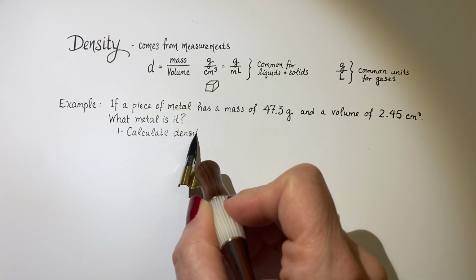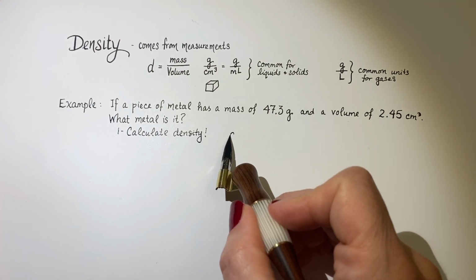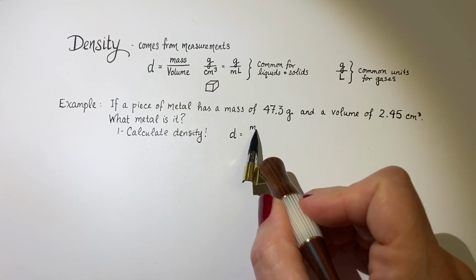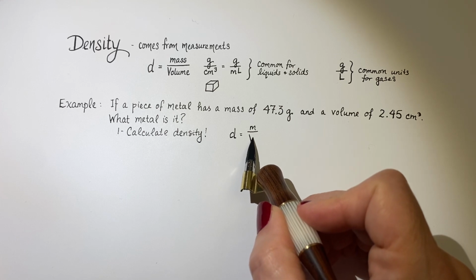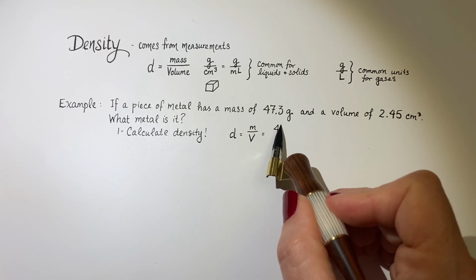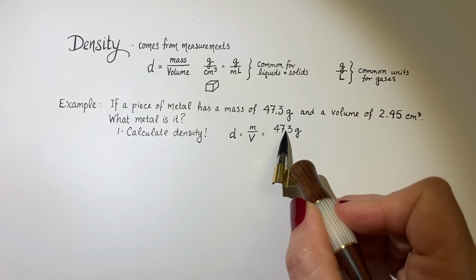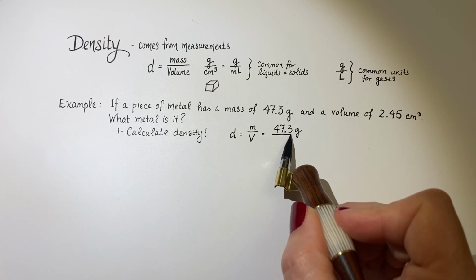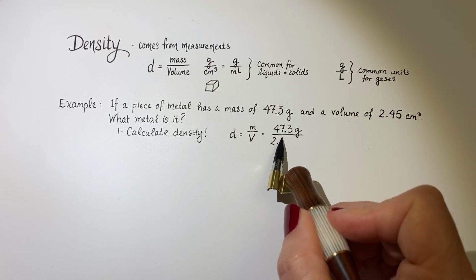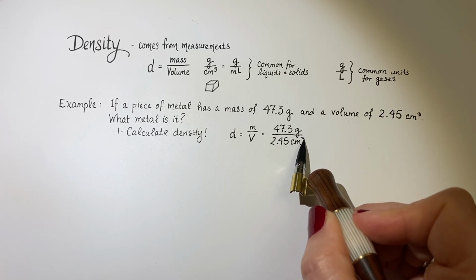We've got everything we need for that. So, our density, which is mass divided by volume, and our mass is 47.3 grams. And we'll divide that by 2.45 centimeters cubed.